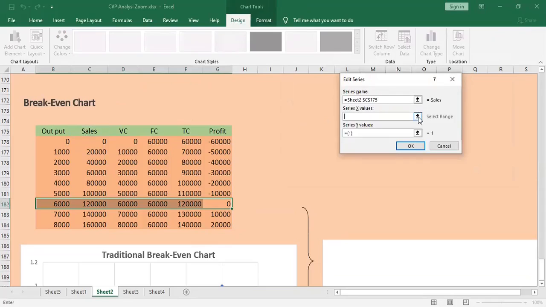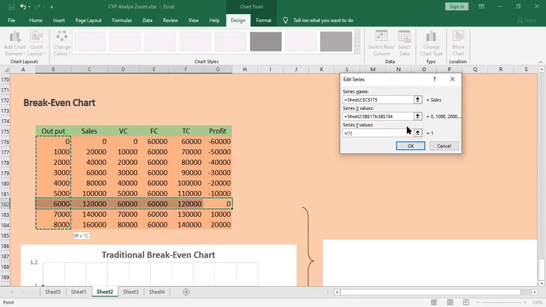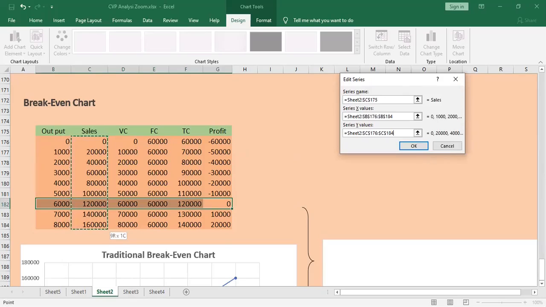The x-axis is always the output range, and on the y-axis I'm going to take sales.